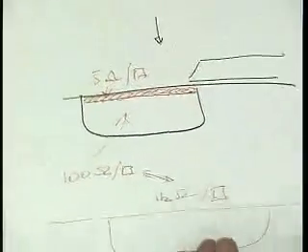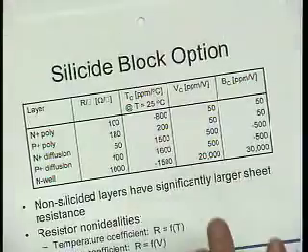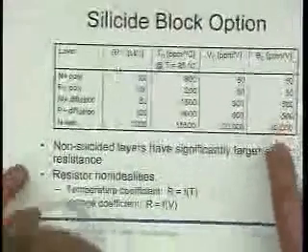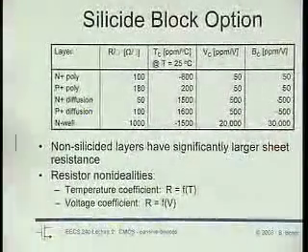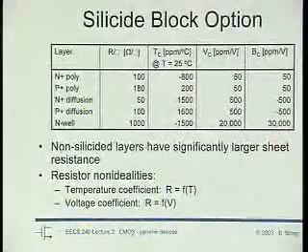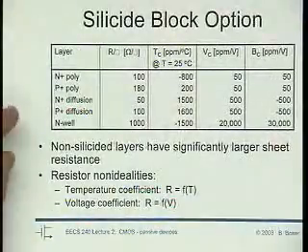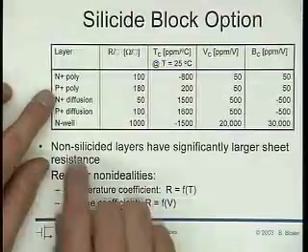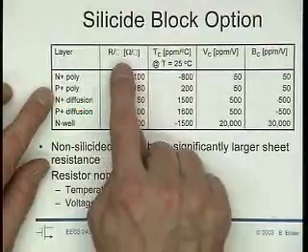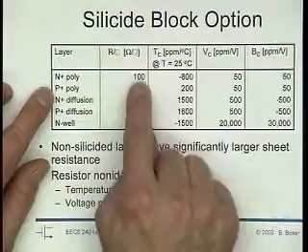Okay, so now we've paid our extra money. We got the silicide block option. Now we have a plethora of new devices. New layers that we can abuse as resistors. Just don't tell the digital guy. Cause him sleepless nights, right? So here is the sheet resistance in ohms per square.